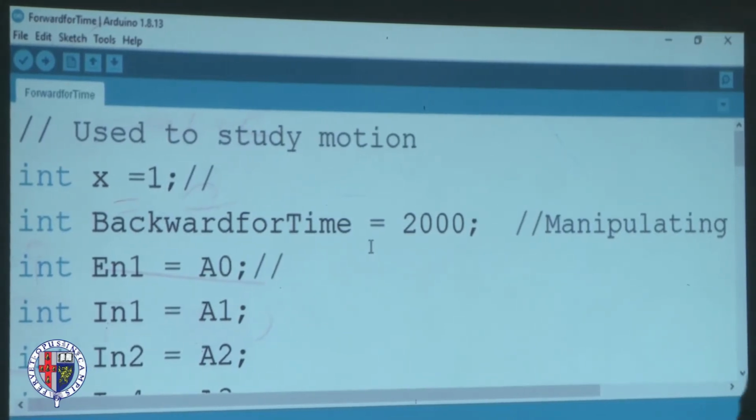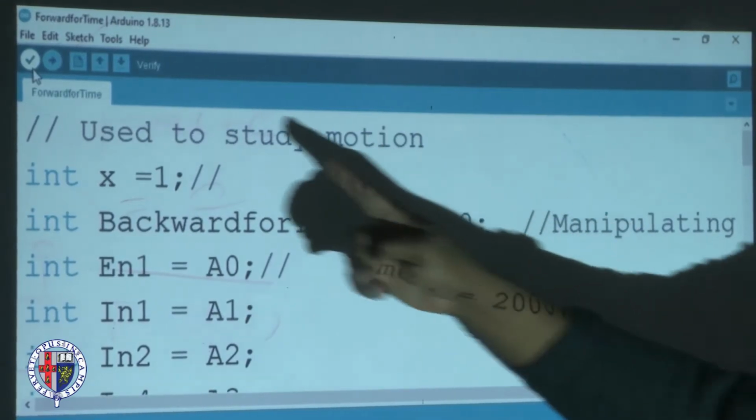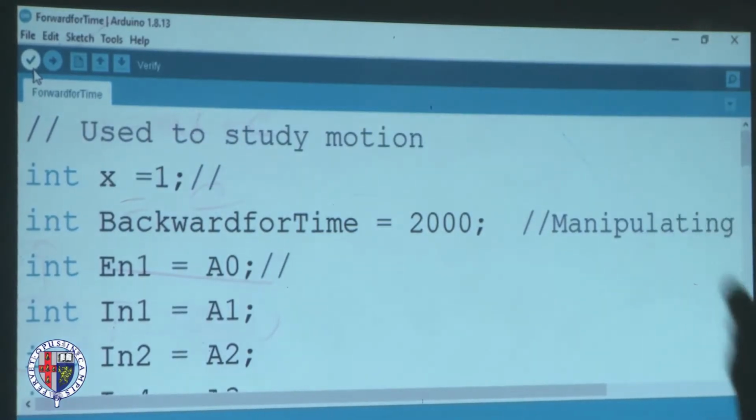All right, and then now we can hover over here and we can see which one of these to use. So verifying, I can verify the code. This is to upload the code. That is for a new file. We're going to write a new program. This is to open an existing file, and this is to save. So I can verify the code, ensure that there are no errors.